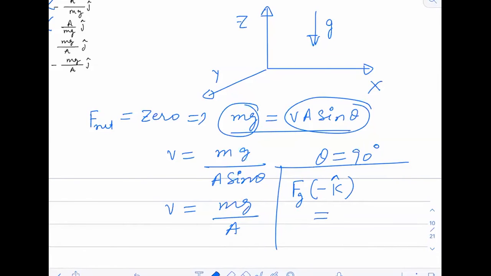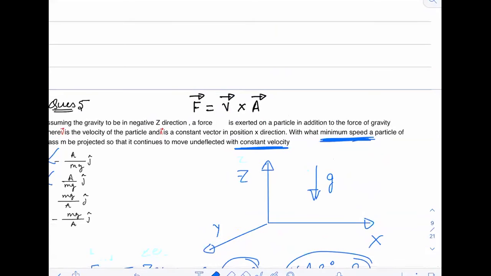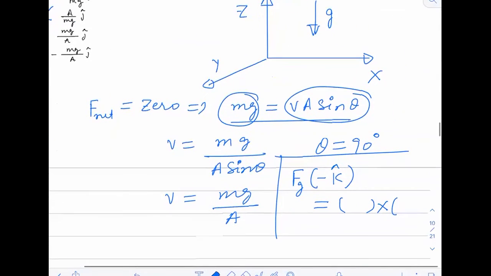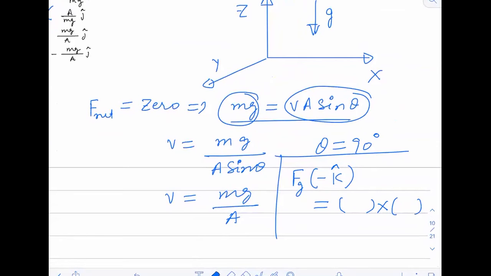Now, I don't know for velocity, but for a vector, see here, this a vector is positive. This is positive x direction, so it is in positive x-axis. So for positive x-axis, it is i cap. Now, what shall I make it here so that the directions are opposite? So that I get here plus k.